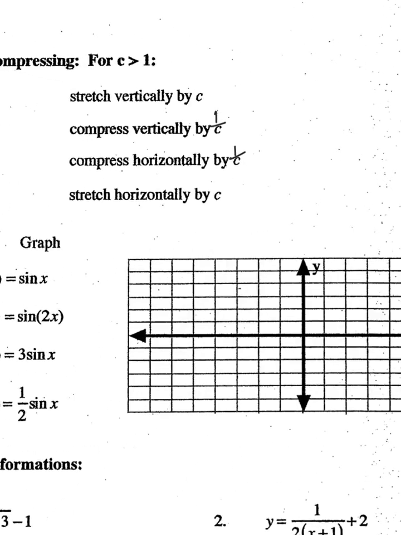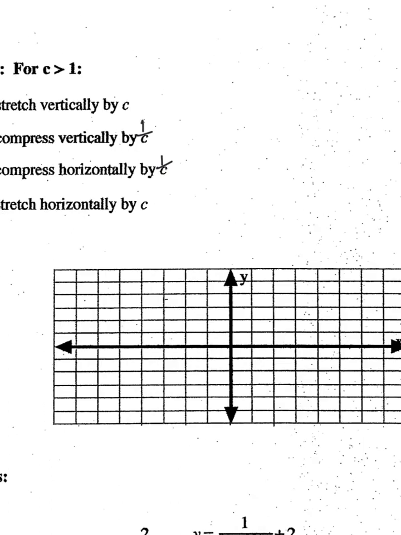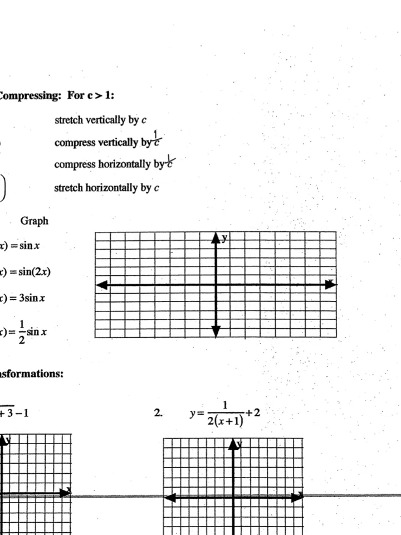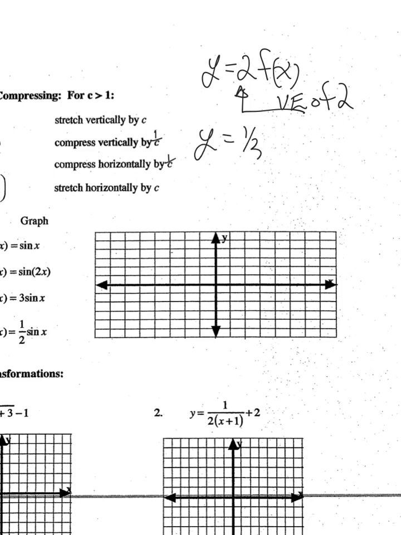If I have y equals 2 times f at x, you've got a vertical expansion by a factor of 2. If I write y equals 1/3 times f at x, you have a vertical compression by a factor of 1/3.